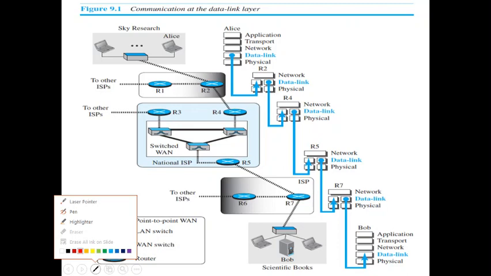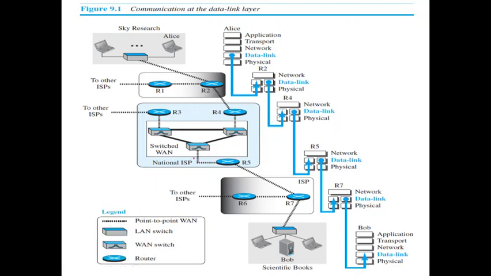Even though it is a single data link layer, it performs two different activities. So this is how the data link layer communicates in a simple network.